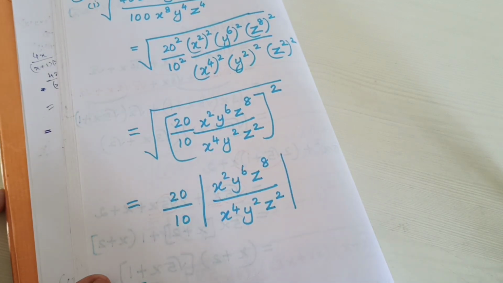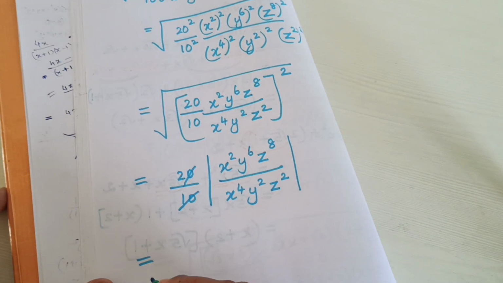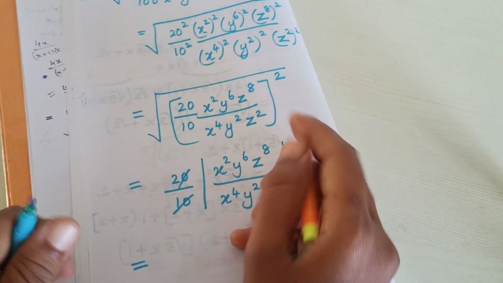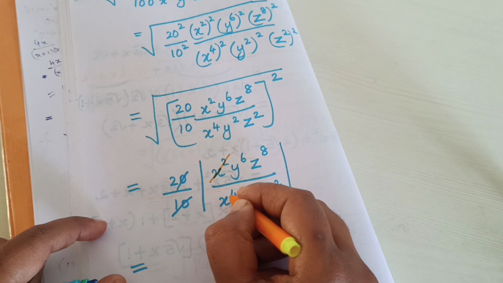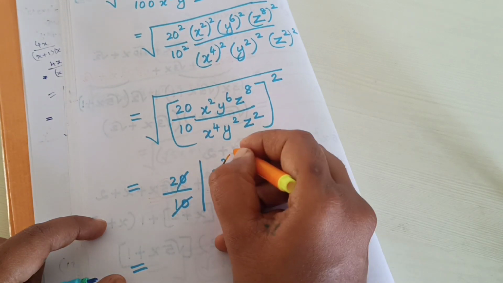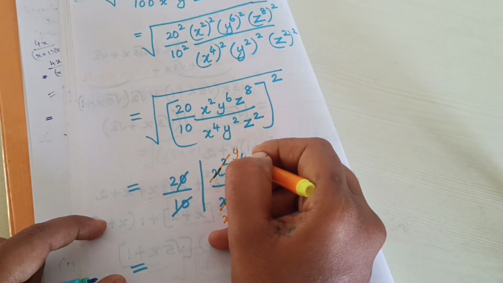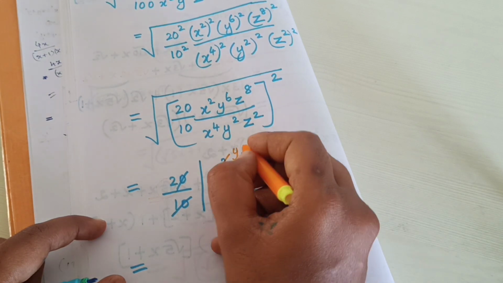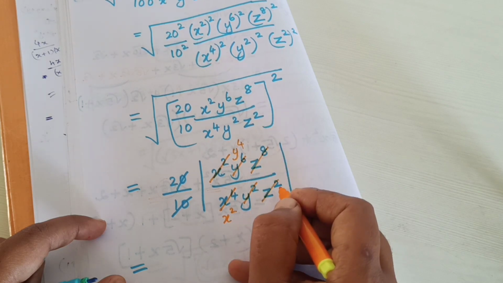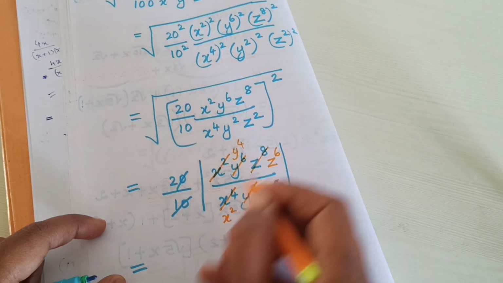Now check for the cancellation. 0 and 0 get cancelled. Here x square, x power 4. So what will be the remaining term? Here x square, here two terms will be more. Here y square, then y power 6 terms. Two terms we cancelled, so remaining 4. From the z power 8 terms, 2 we cancelled, so z power 6.